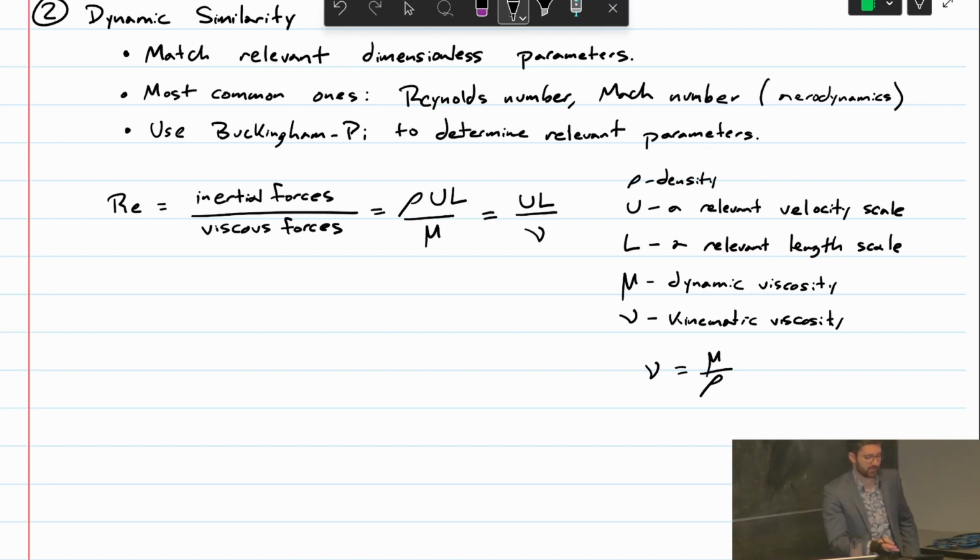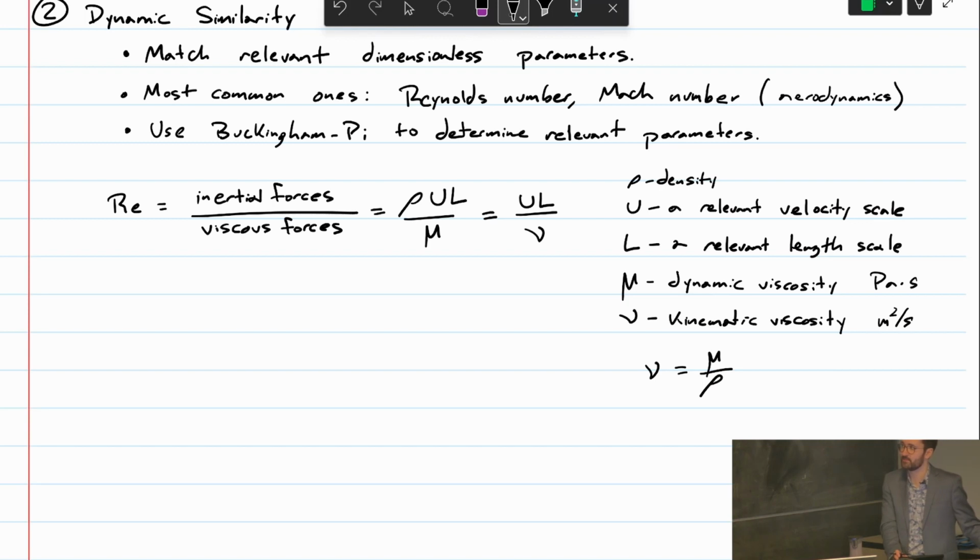So with that definition, you can kind of eliminate a variable from your Reynolds number. So these are both two different types of viscosity that we have. The kinematic viscosity has units of meters squared per second, and the other one we've seen before has units of pascal seconds.